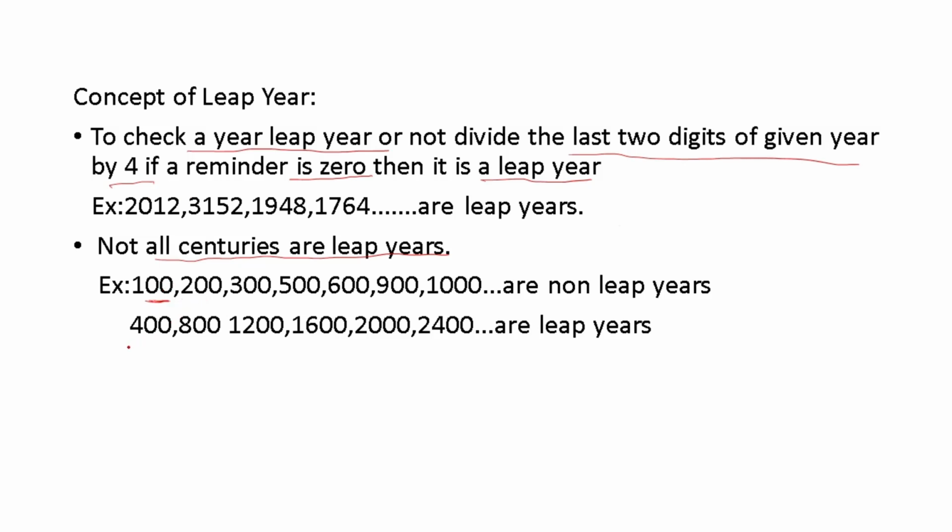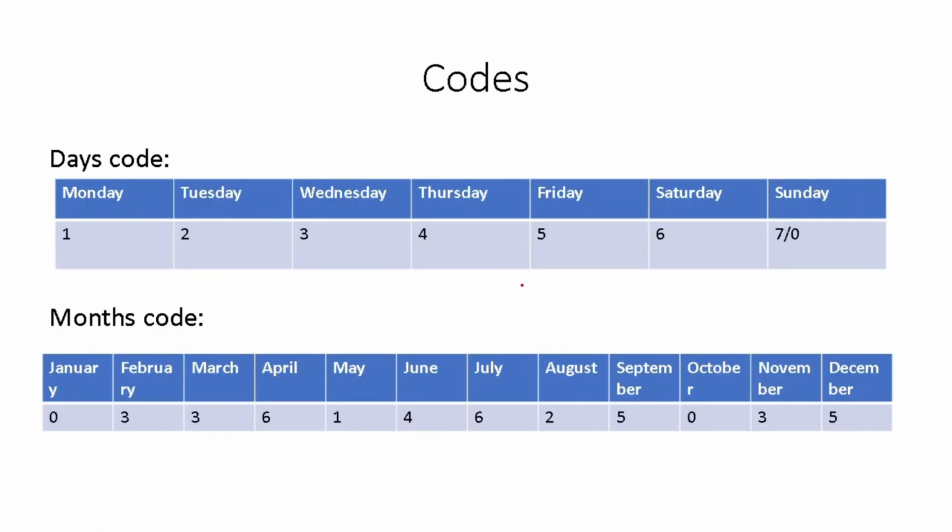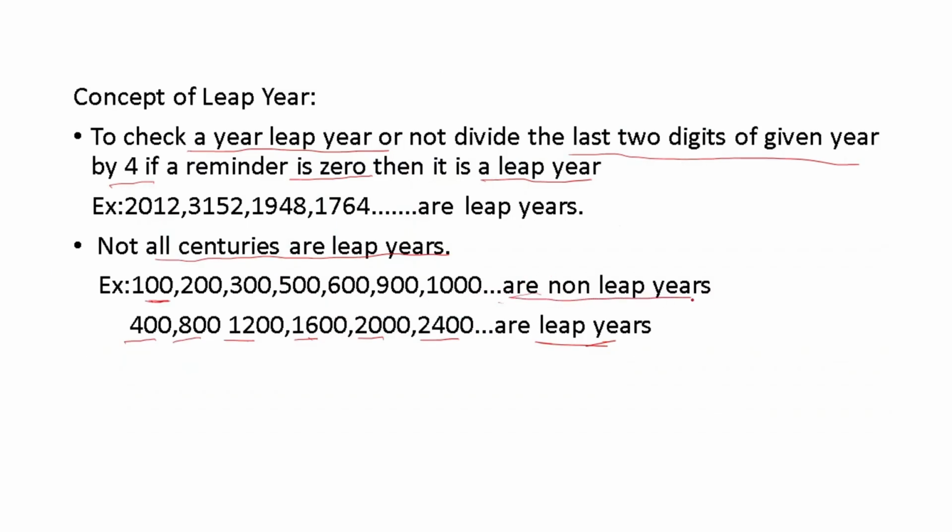We have to consider only the centuries whose multiples are divisible by 4, like 400, 800, 1200, 1600, 2000, and 2400 as leap years. Other than these, all centuries are not leap years. This is the concept of leap year.